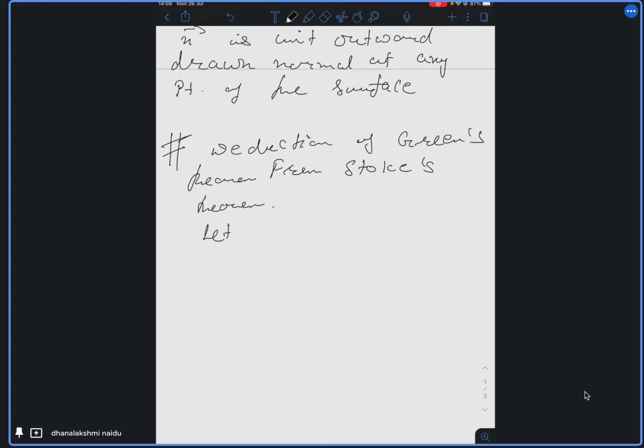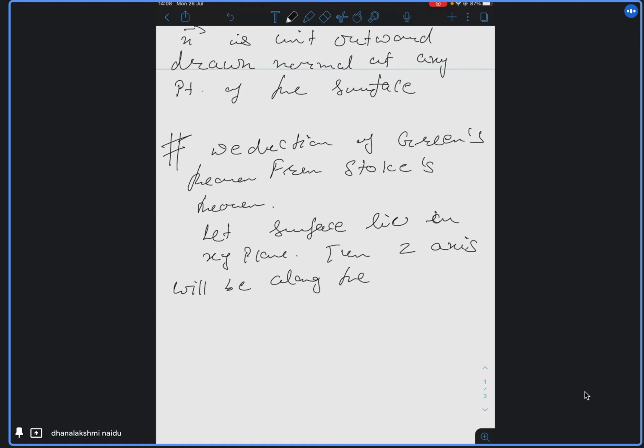So here for Green's theorem, you will choose the surface lying on the xy plane. So your z axis will be along the normal n bar. That is, n bar will be equal to your k bar.